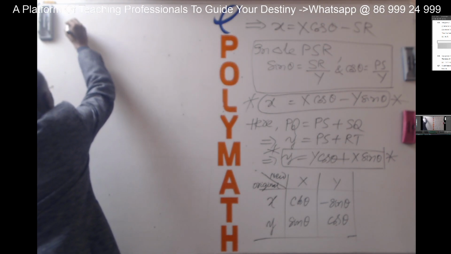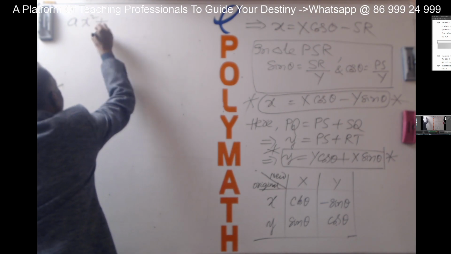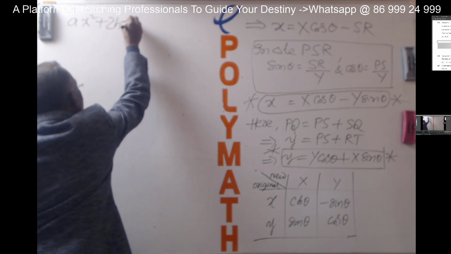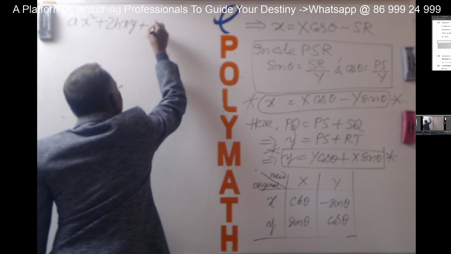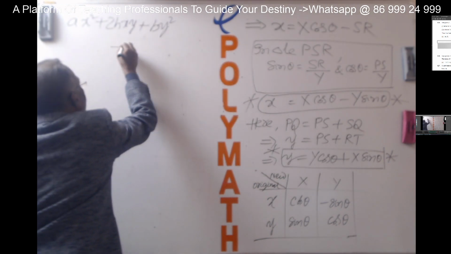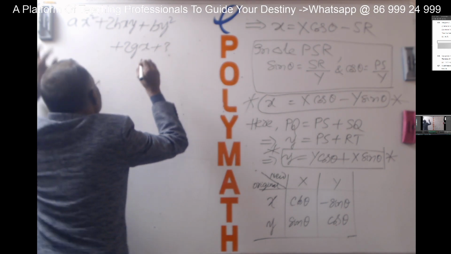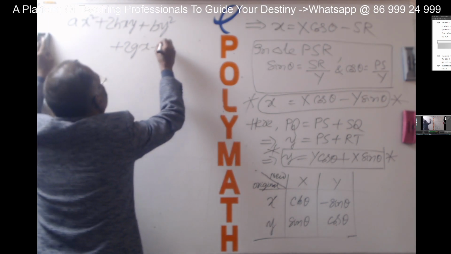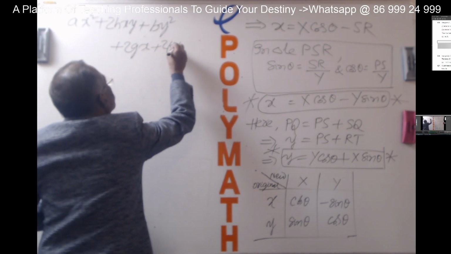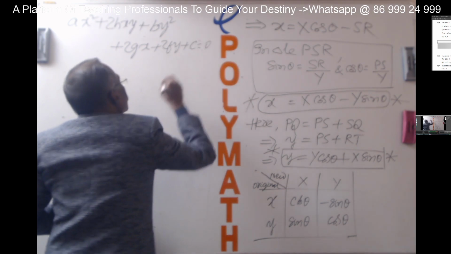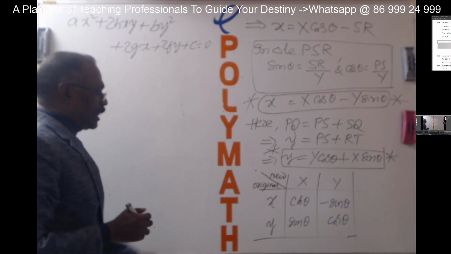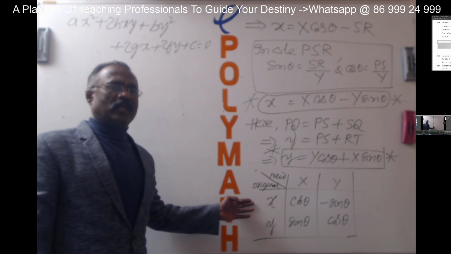Now, this is ax square plus 2hxy plus by square plus 2gx plus 2fy plus c equal to 0. Now we are converting this. I am writing the direct step so that you will understand.